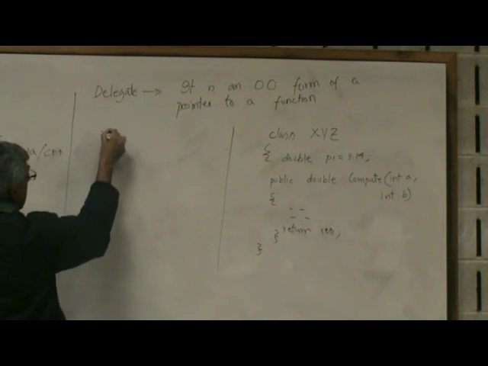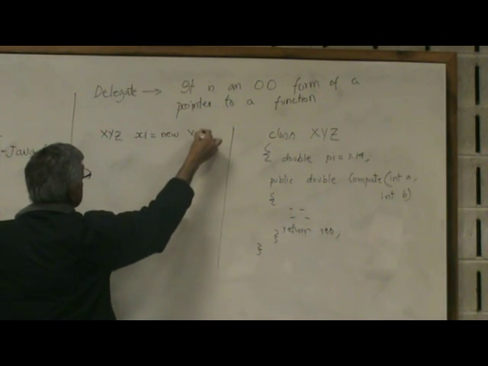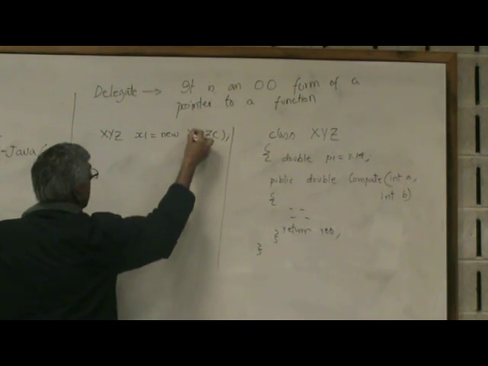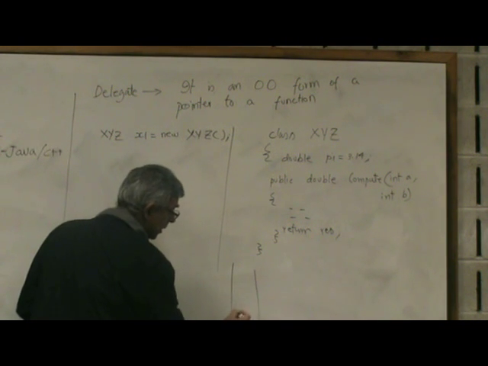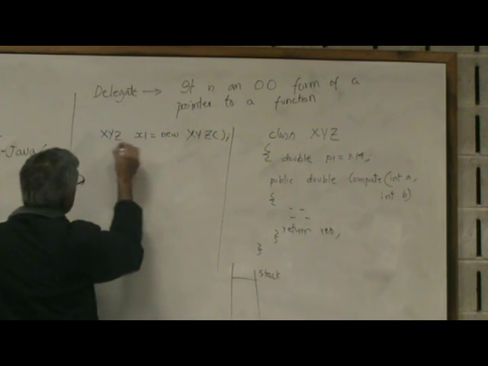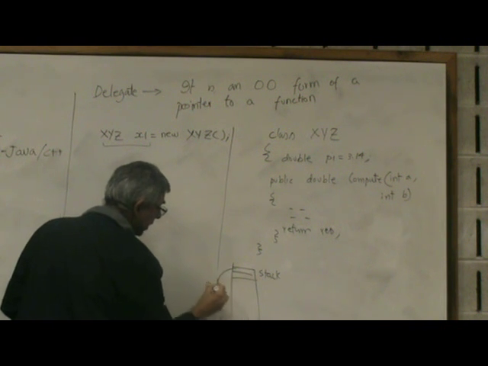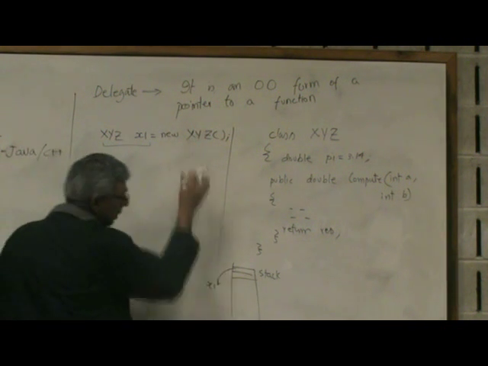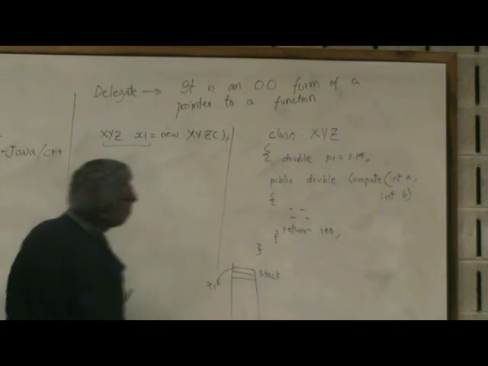As soon as we say XYZ x1 equal to new XYZ, the computer goes to the stack area and creates a reference called x1. Then new XYZ: how much memory will it allocate in the heap in this example?